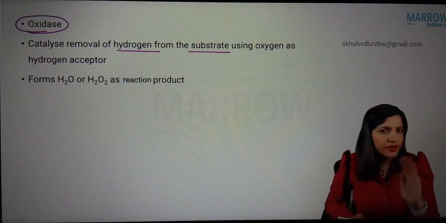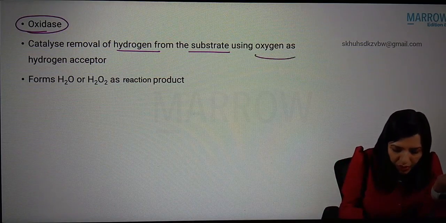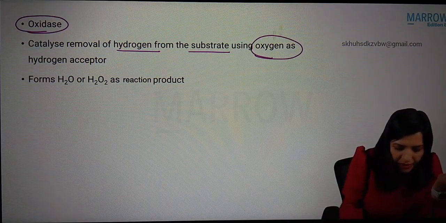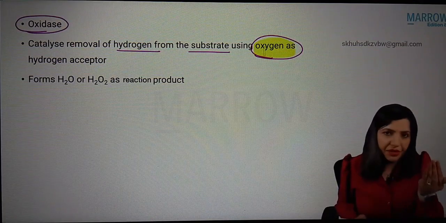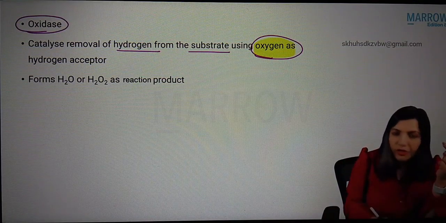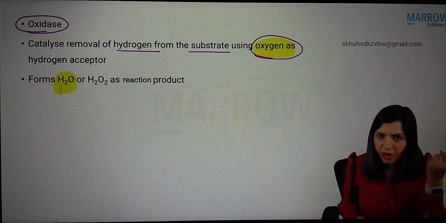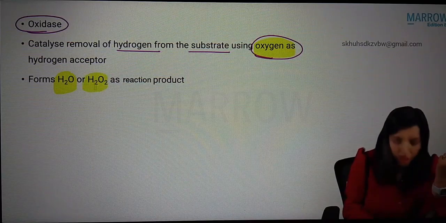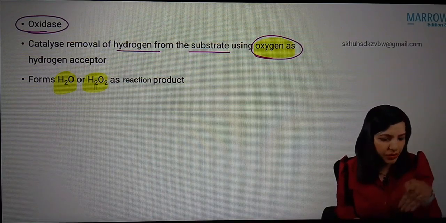In oxidase, hydrogen is also removed and given to an acceptor, but here oxygen is the hydrogen acceptor. That is the difference. Whenever oxygen is the hydrogen acceptor, it can form two products, either H2O or H2O2. This is very important because it is an H2O2 generator.